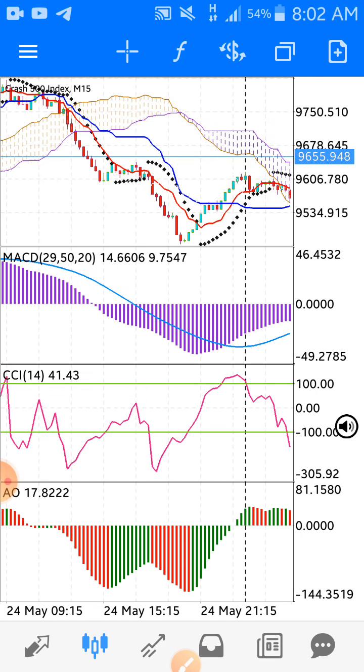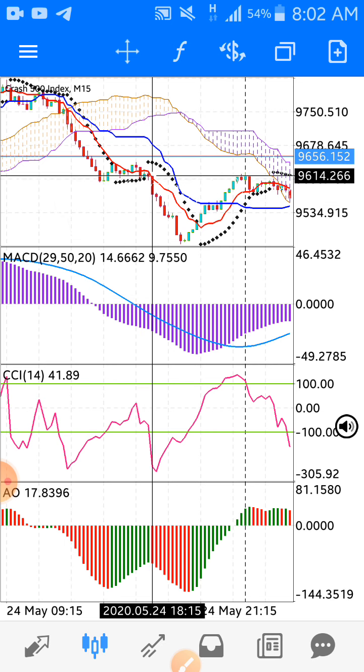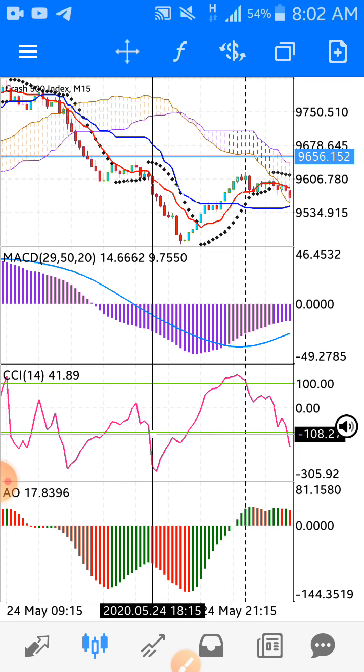The same principle applies. All right, so you can see at this point parabolic SAR appeared. Everything is below the cloud. Awesome. MACD below. CCI was just close to going below minus 100.